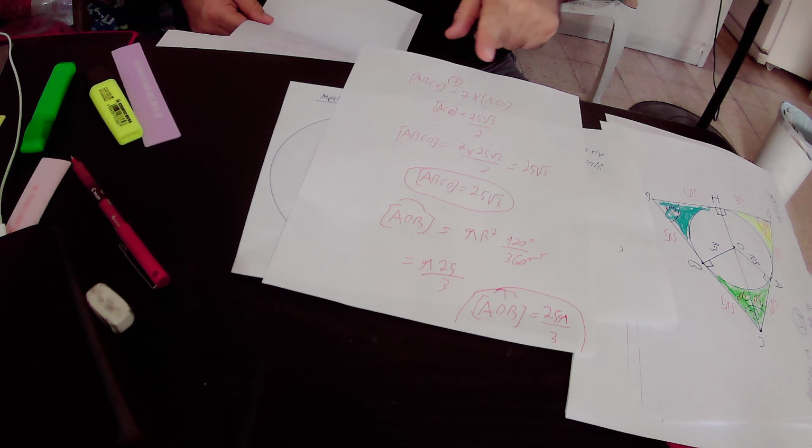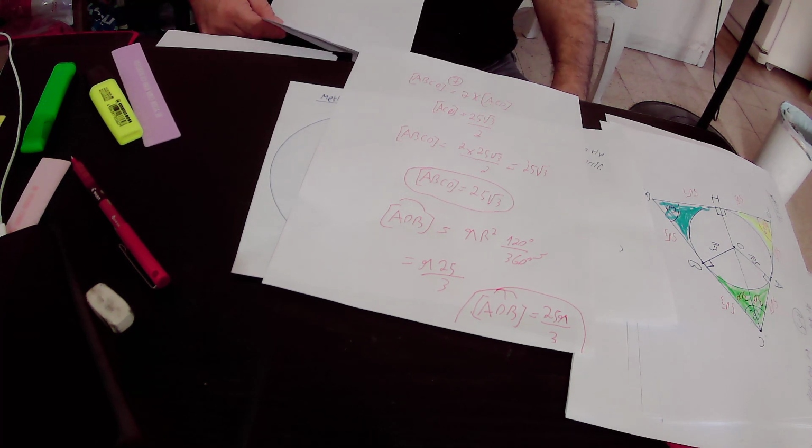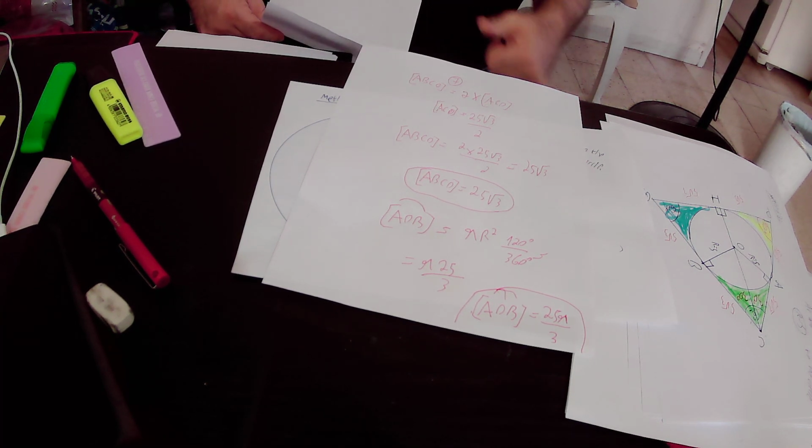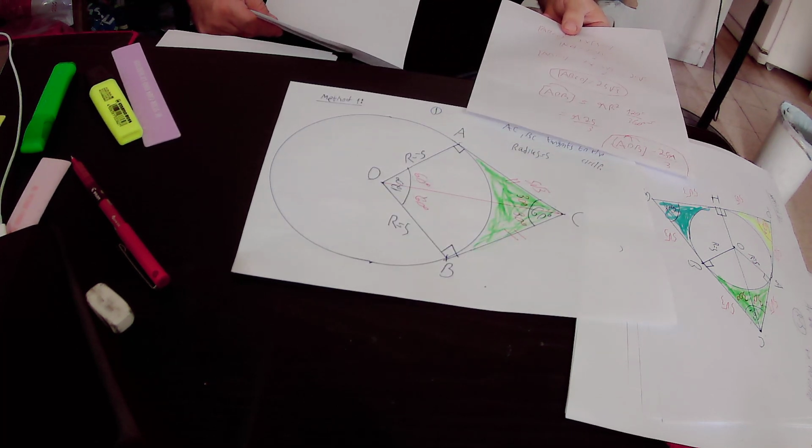We have already found out that the area of triangle ACO equals 25 times root 3 over 2, so 2 times that area gives the quadrilateral ABCO. So the area of quadrilateral ABCO equals 25 times root 3 square units.